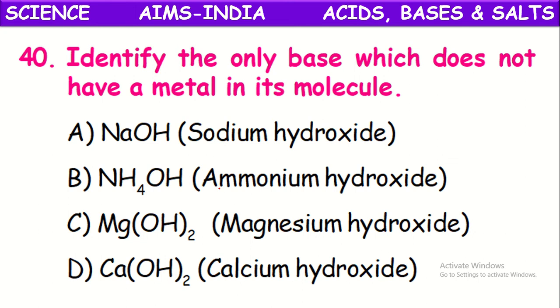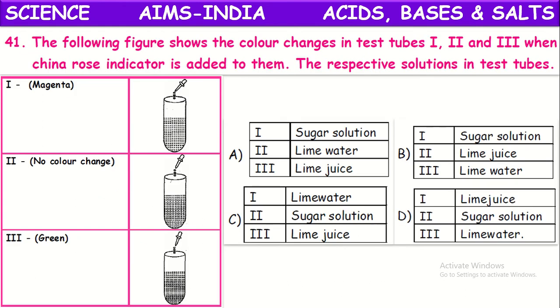That is ammonium hydroxide. See, it contains only nonmetals like nitrogen, hydrogen, and oxygen. No metal is present in it, but its nature is basic. So this is the only base which does not contain any metal: ammonium hydroxide, or NH4OH.